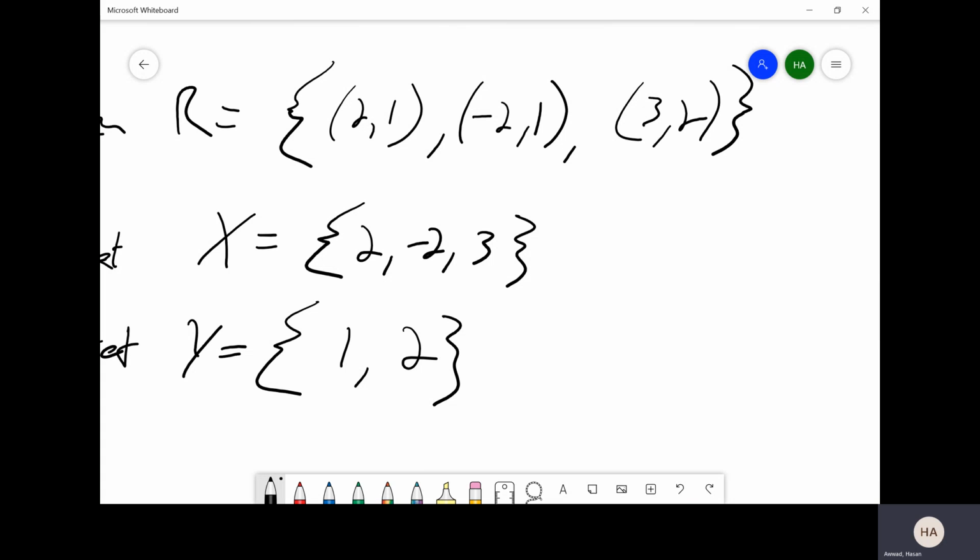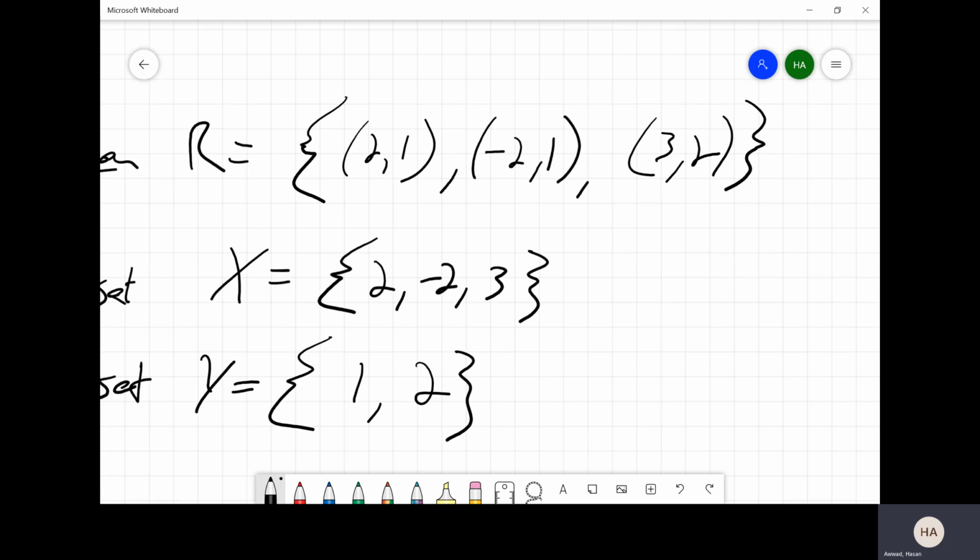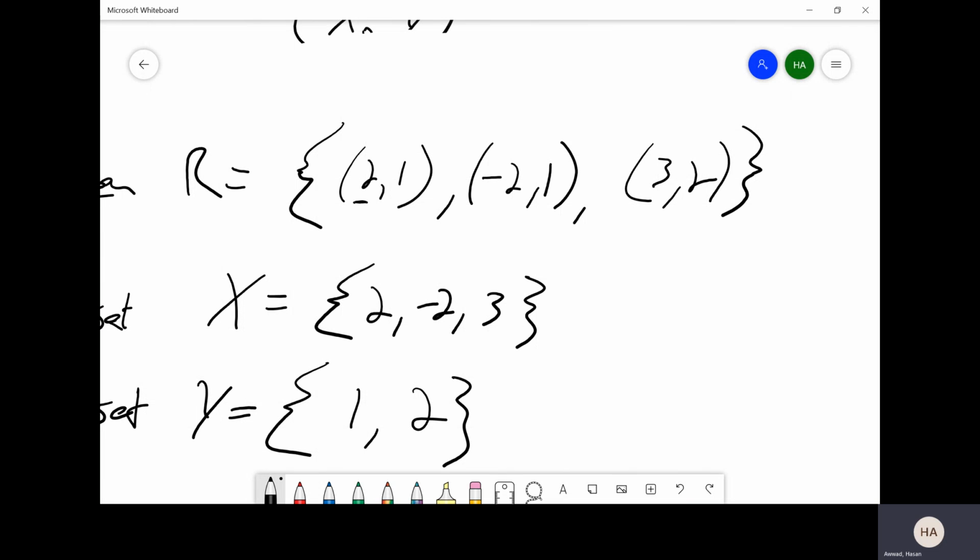Now the last question is we have to determine whether or not this relation is a function. Remember, the only difference between a relation and a function is whether or not your x is repeating. If your domain repeats, it's not a function. So we look at our x's for all the ordered pairs: we have a 2 here, a -2 here, and a 3 here.